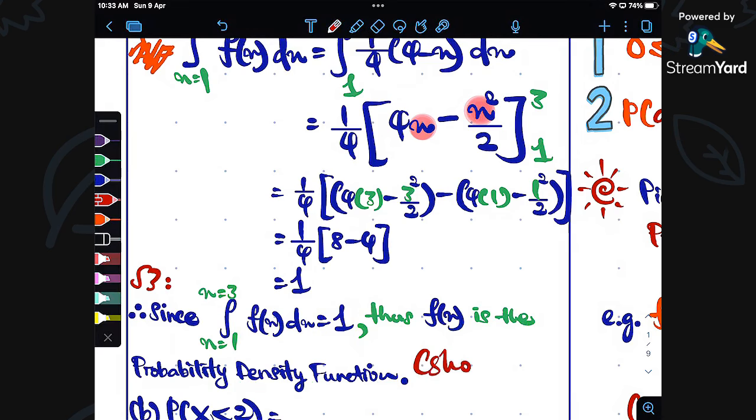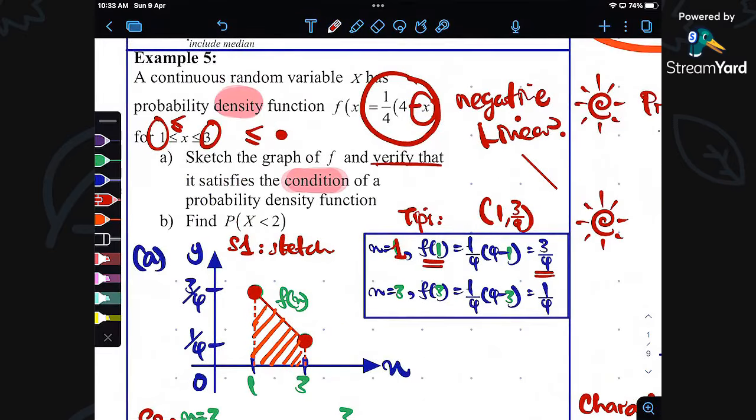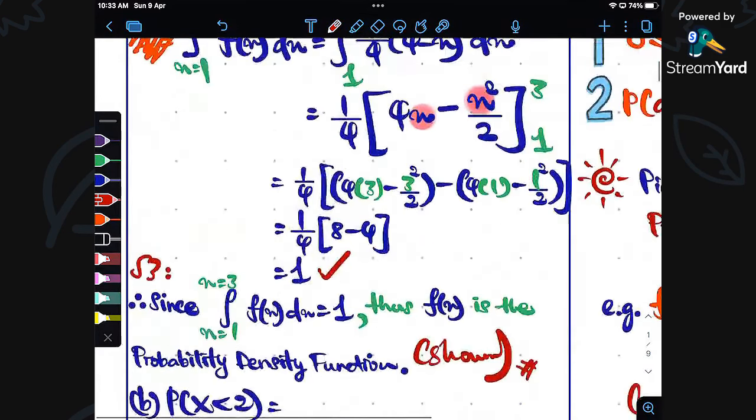Put a word there, showing that you have managed to prove the total probability is equals to 1. Or maybe you should write there verified. Verified. We have verified that the total probability is equal to 1.